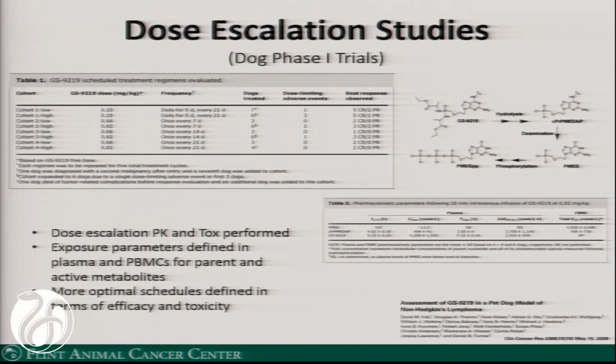And they were able to look at a more optimal schedule defined in terms of efficacy and toxicity. So going forward now, you have something that minimized one of your pharmacodynamic endpoints, which is toxicity, while either maintaining or enhancing your efficacy pharmacodynamic endpoint, which is the more important one.